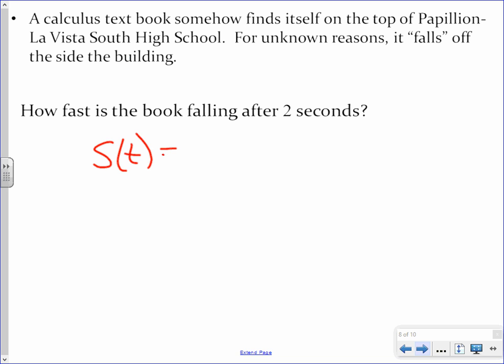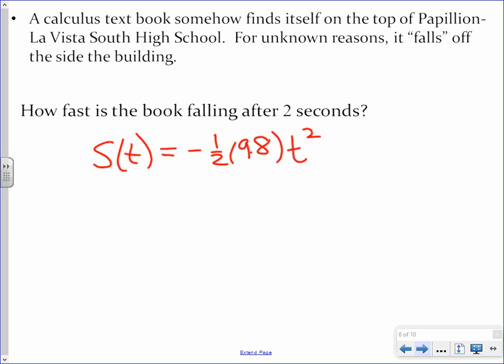We don't have an initial height. What's our initial velocity? 0. And so all we have is negative 1/2 gravity times t squared.